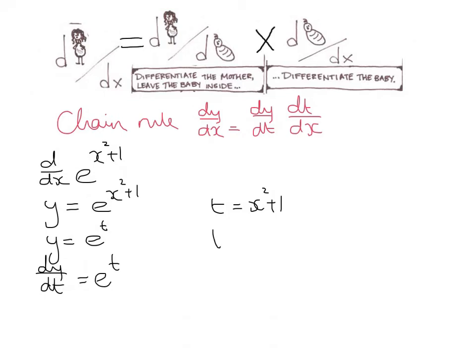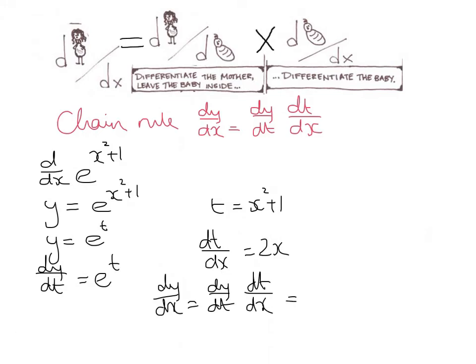We then differentiate t with respect to x, giving us 2x, and then pull these together using the chain rule. dy by dx is dy by dt, dt by dx, which is equal to e to the t times 2x, but then we have to remember to replace the t with what it is, which is x squared plus 1, so the overall derivative is e to the x squared plus 1 times 2x.